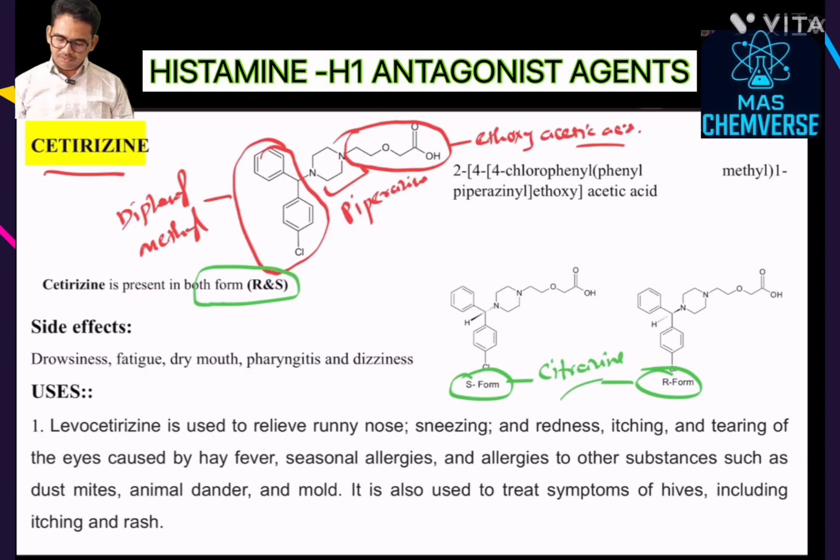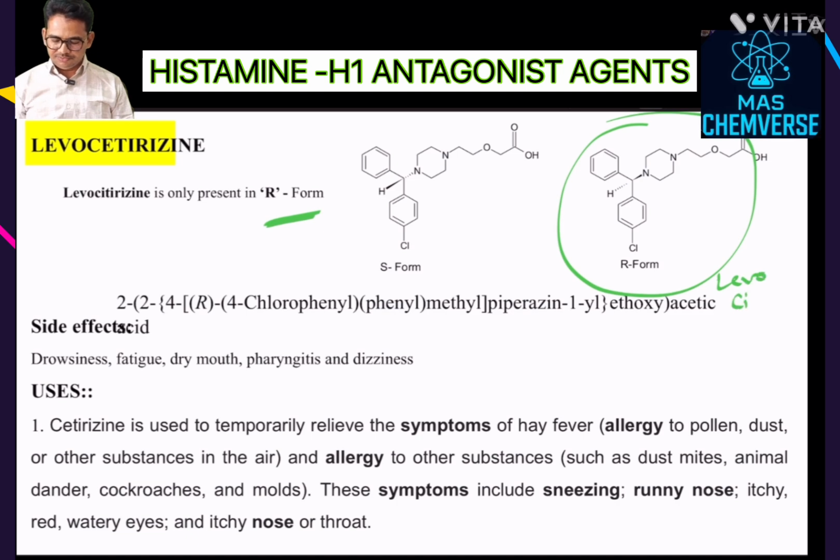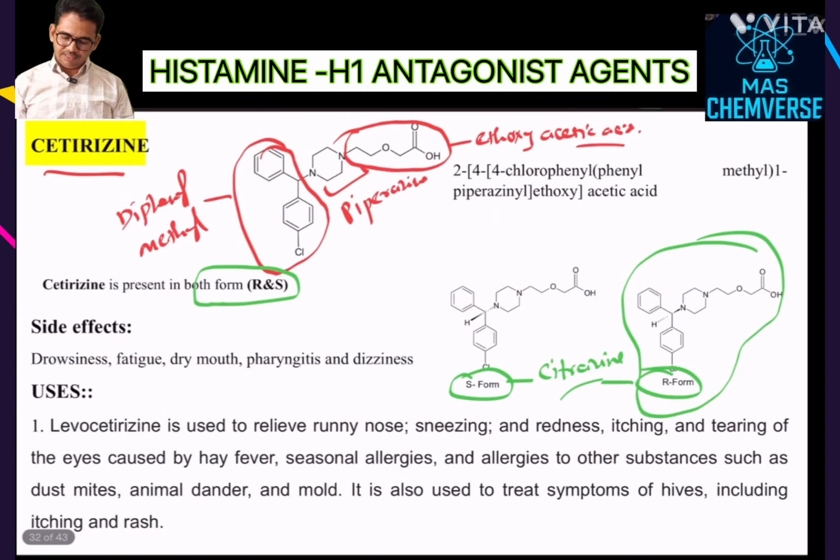But if it has only the R form, like this here, only the R form, this is called levocetirizine. R form only. But if it has both R and S forms, that will be called cetirizine.